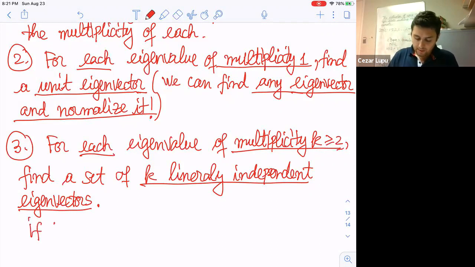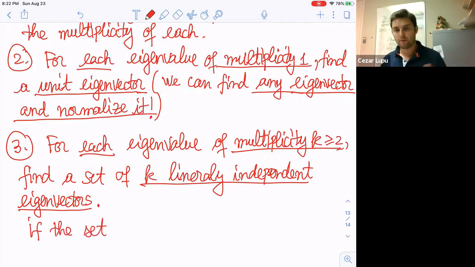Now, if the set is orthonormal, then it's great.